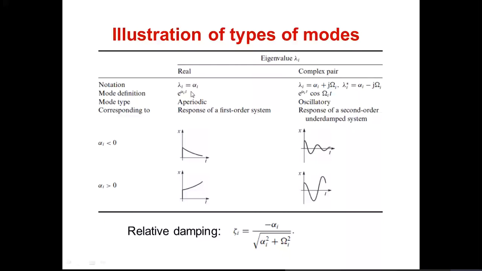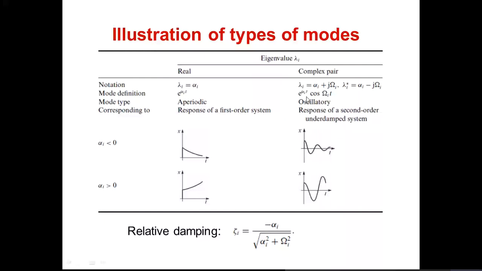the mode definition will be associated with an exponential function for a real or non-oscillatory eigenvalue. And if it is a complex pair of eigenvalues, then it will be associated with cosine function oscillations with the exponential as well. So there are two terms associated here.